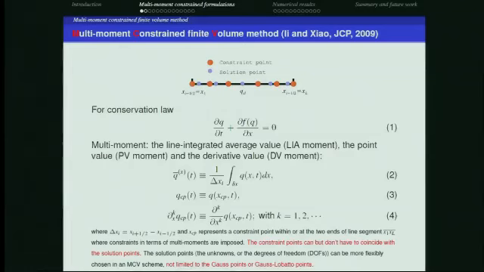So, what is done by multi-moment constraint? You just look for the solution point and constraint point relationship. This is what multi-moment constraint does.